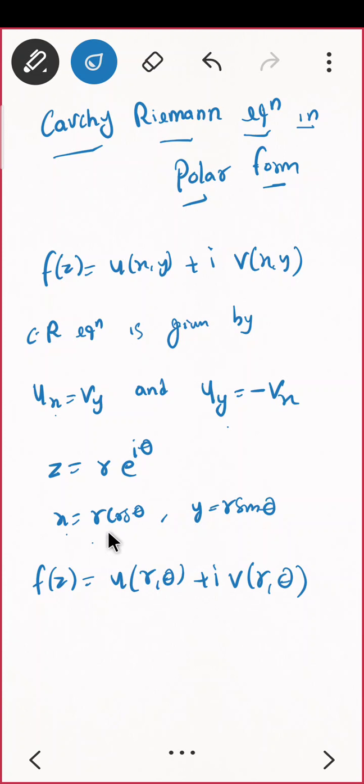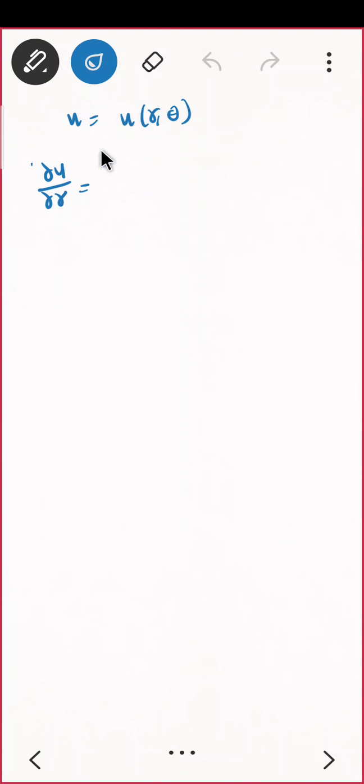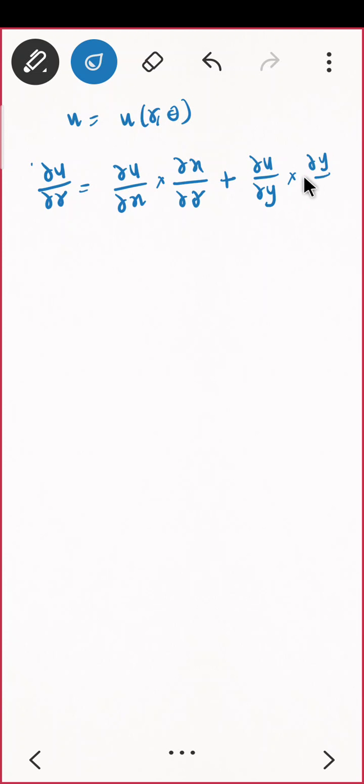So can I relate this with ux and x? Can I write this as du by dx into dx by dr, by using the chain rule? And the same happens for the next coordinate. That is, next will be dou u by dou y multiplied by dou y by dou r. Do you agree? By using the chain rule, can I write this?